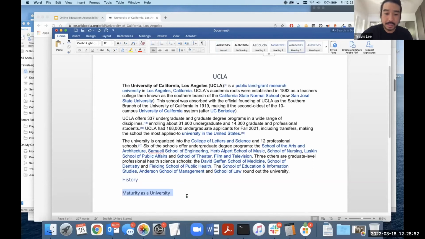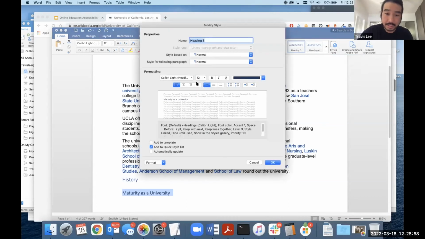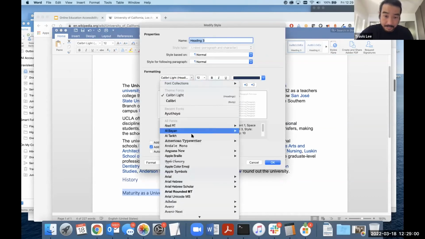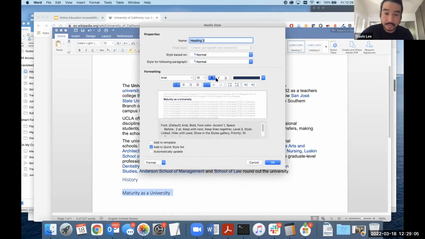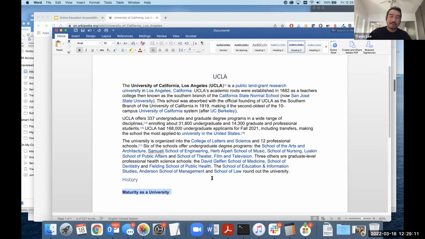I'm going to actually change the look of this a little bit so it looks a little different: bold, maybe a little smaller, 10 point. So now all of the H3s are going to look like this. This is not ideal, but it's visually different than the H1 and the H2, and that's what you want.